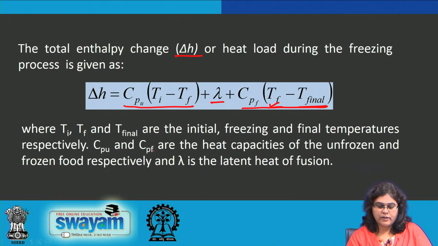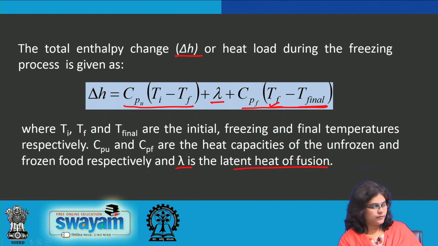CPU and CPF are the heat capacities of the unfrozen and the frozen food materials, and lambda is the latent heat of fusion.